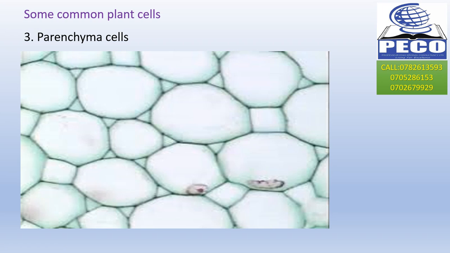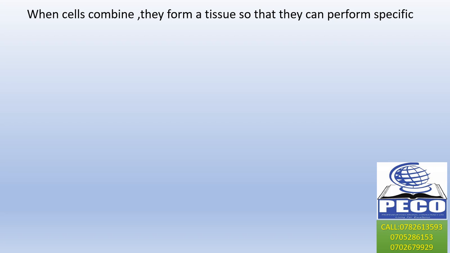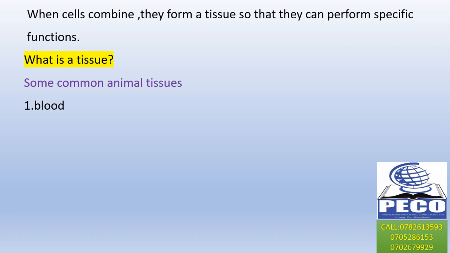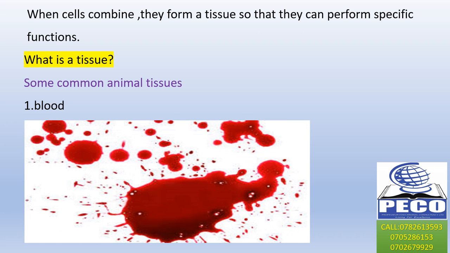So if it is a leaf, it cannot easily break. If you look at them, they actually don't have spaces in between them. They don't even have the same shape, different shapes, so that they cover up all the spaces. Okay, this is what we say, and we want to look at now the different things. The blood, we are going to look at now. Blood.